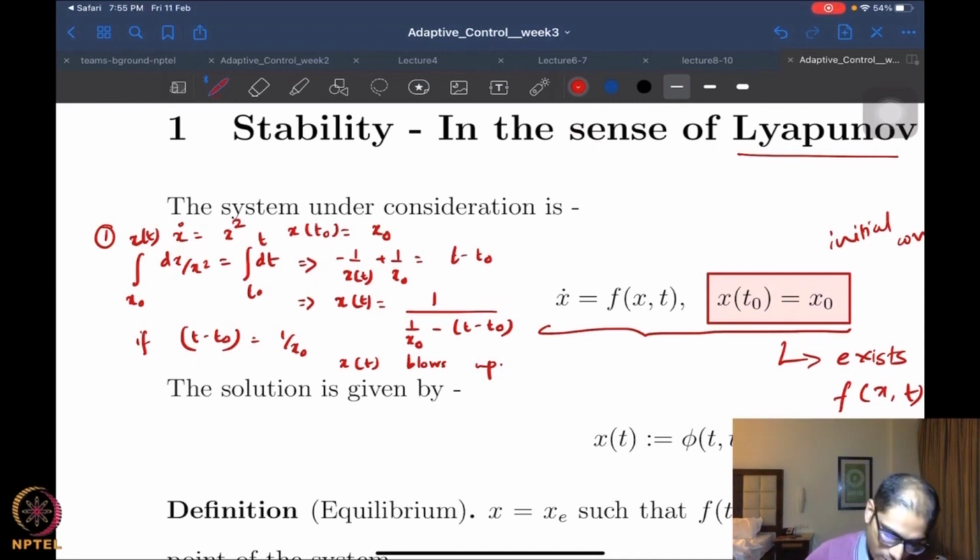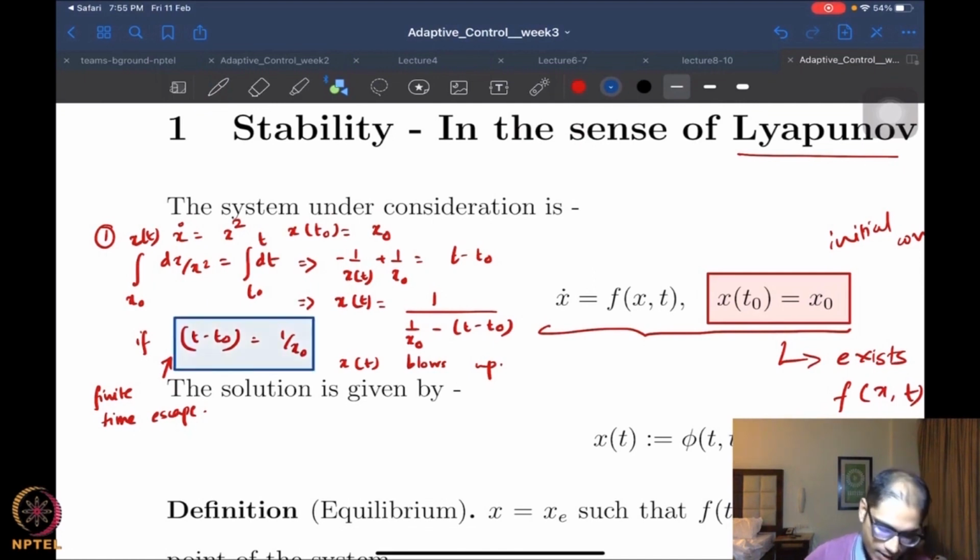This is called finite time escape. The solution seems to exist until a certain time, that is until the time elapsed, t minus t0, is less than 1 by x0. But at 1 by x0 the solution blows up, so the solution doesn't exist anymore.